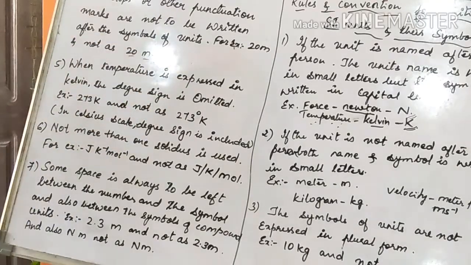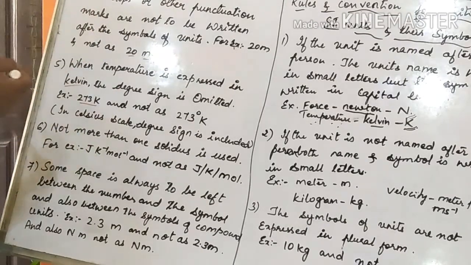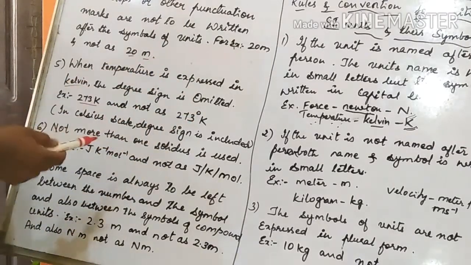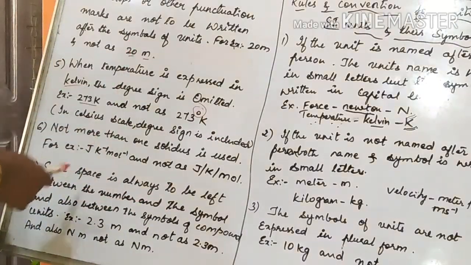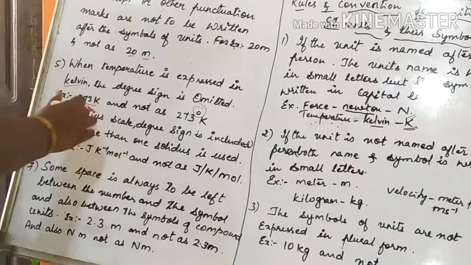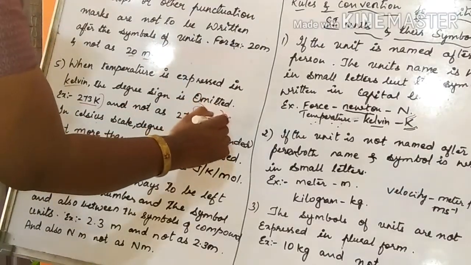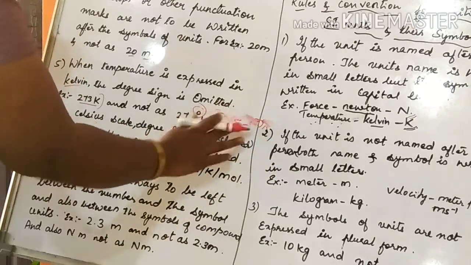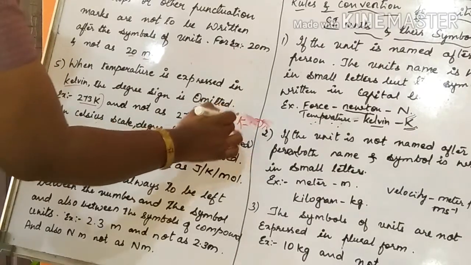You should write only K, capital K, like 300 Kelvin or 250 Kelvin. The degree sign is taken only for the Celsius scale. You should not write 300 degree Kelvin. This is wrong.